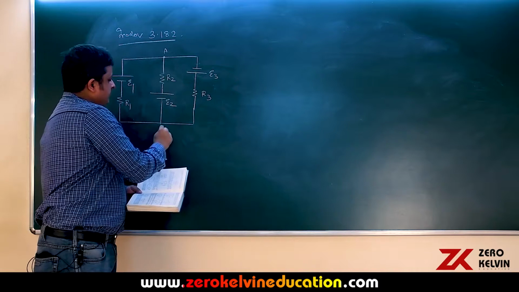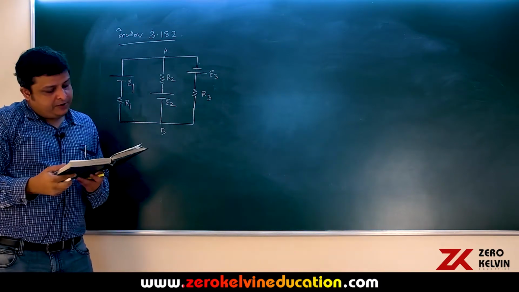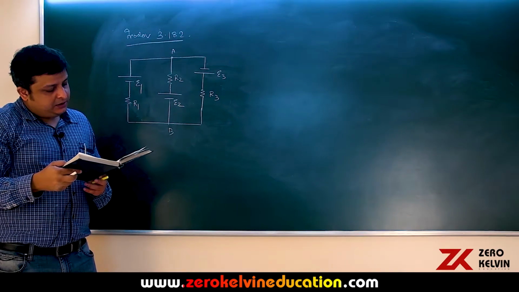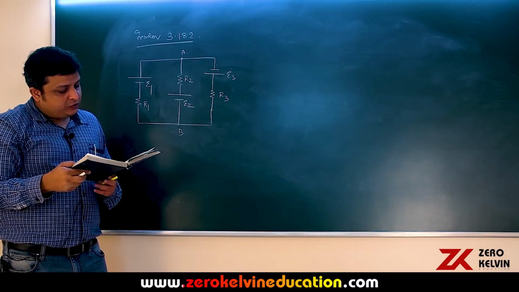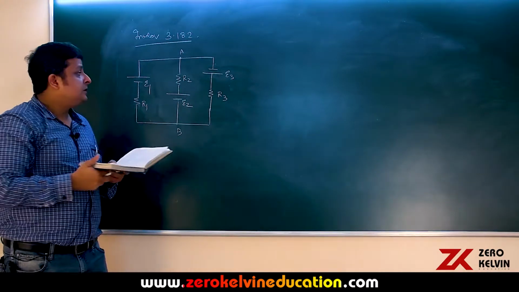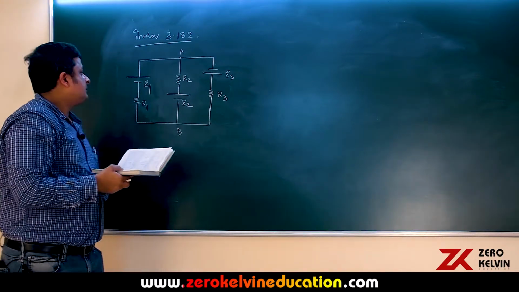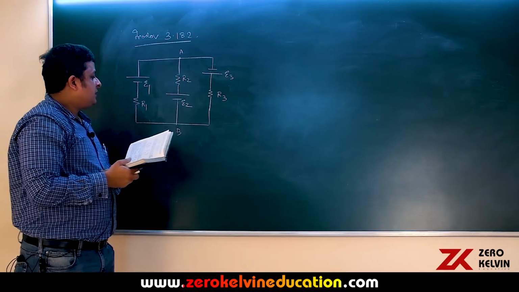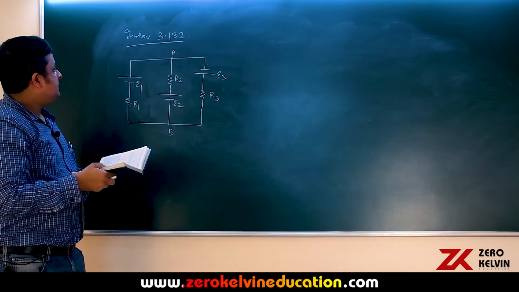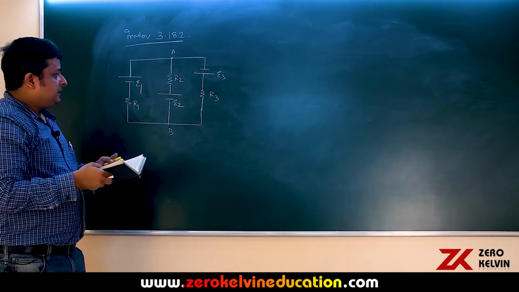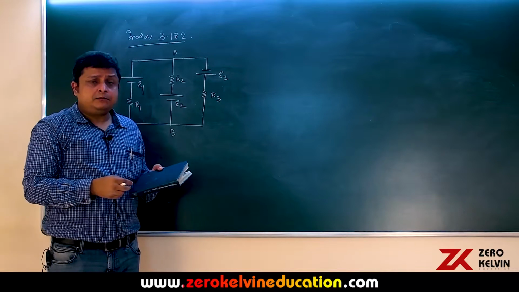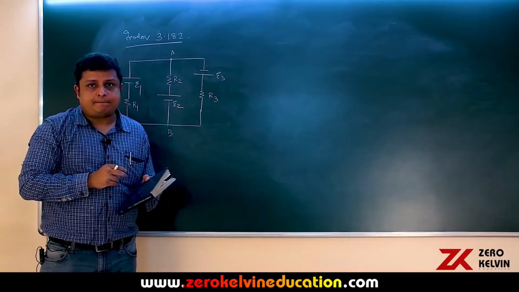In this problem we have to find the current through the resistance R1 and potential difference VA minus VB between points A and B. The conventional way of solving this problem is to assume the currents.